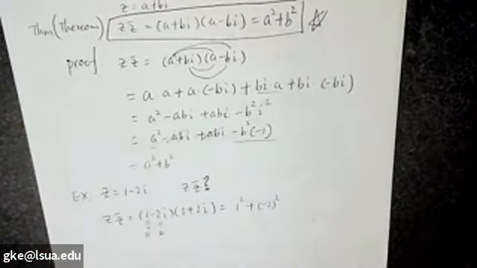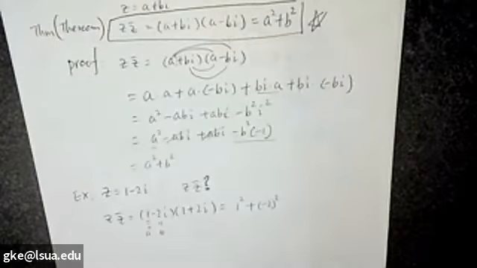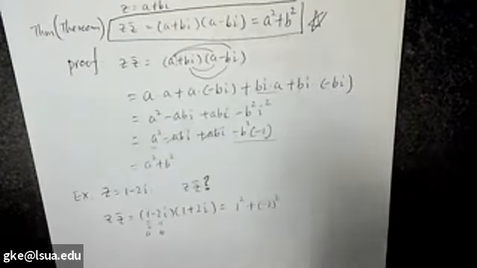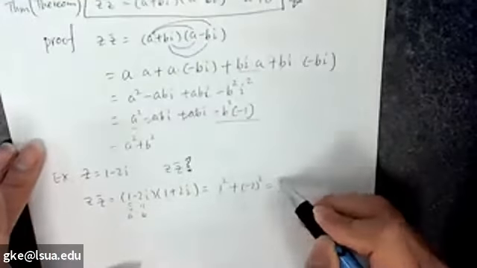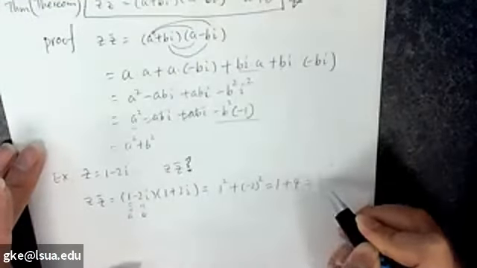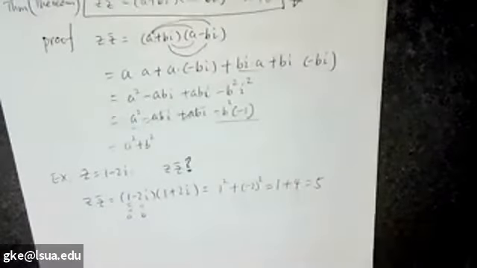So follow the formula. As long as you get what is a, what is b, then just plug in a squared plus b squared. Everything should be very straightforward. So 1 plus 4 equals 5. Okay.